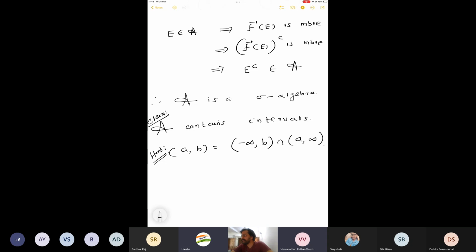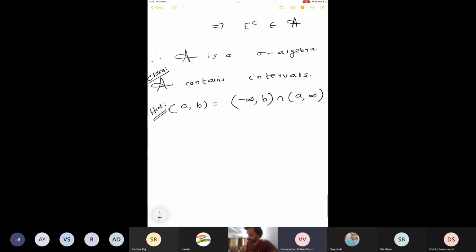Every open set is a collection of intervals, or you can easily say that the Borel sigma algebra is the smallest sigma algebra containing all intervals, and A is a sigma algebra containing all intervals. Again, I am not writing the details. Hence, A contains all Borel sets. Club these two facts, and try to convince yourself that A contains all Borel sets, and we are done.